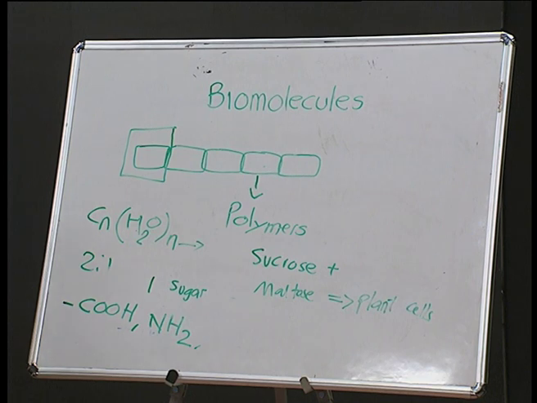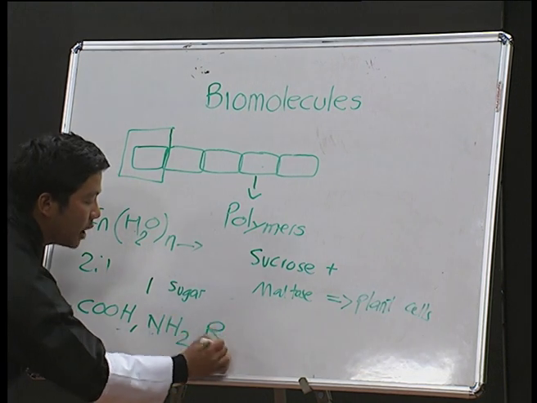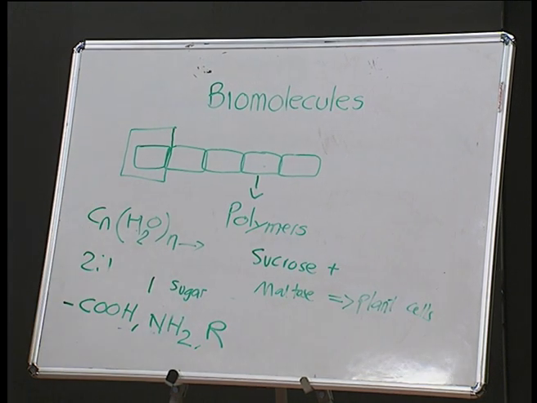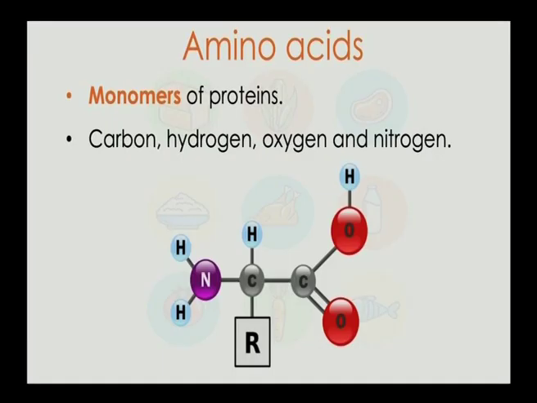And if you look right at the carbon atom in the middle, you will see R, which is the side chain. So this R can be polar, this R can be non-polar. This R can also be amphoteric in nature, meaning it can possess both the properties of acids and bases.